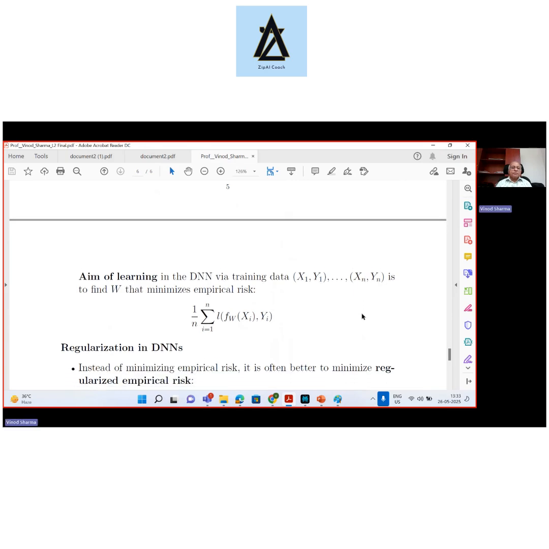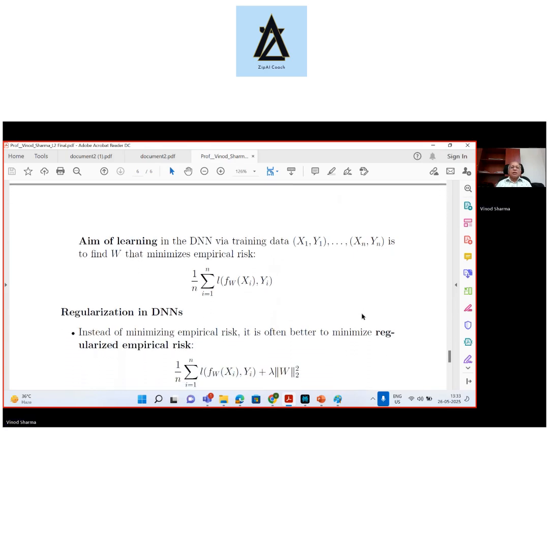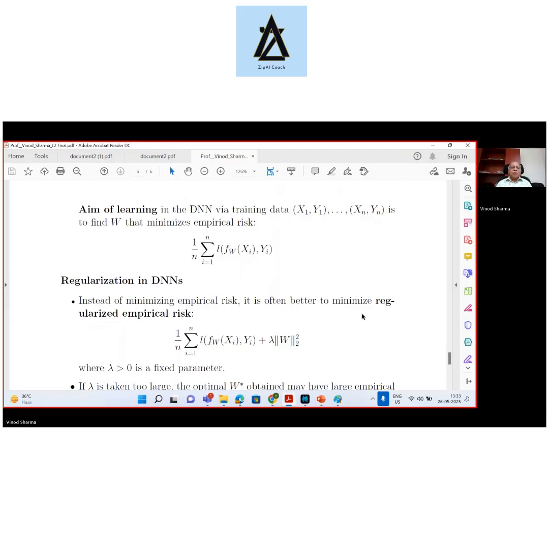Instead of this loss function, one can also consider a modification of it. So we try to minimize this function. This is the empirical loss function, and we add to that another term, lambda times the L2 norm of the weight vector W, where lambda is a positive fixed parameter.